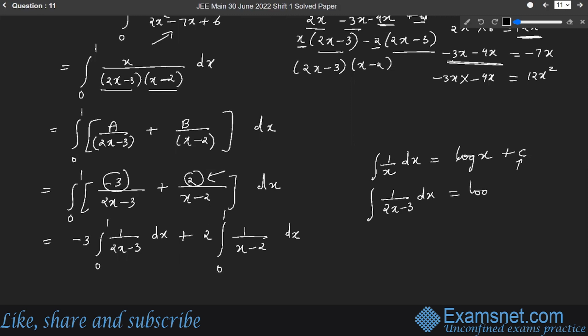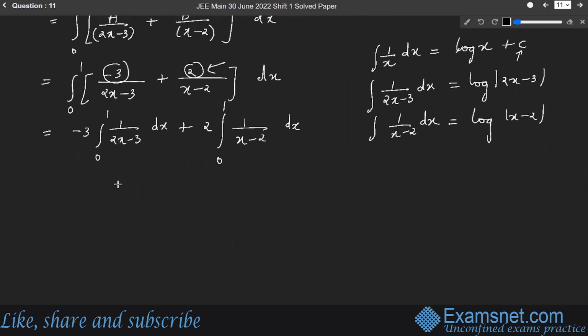So it will be equal to log x. What is x here? 2x minus 3, right? Similarly, integral of 1 by x minus 2 dx will also be equal to log of x minus 2, right? Because it is also in the same form of integral of 1 by x dx. And we know that integral of 1 by x dx is always equal to log x. So let us substitute this value.